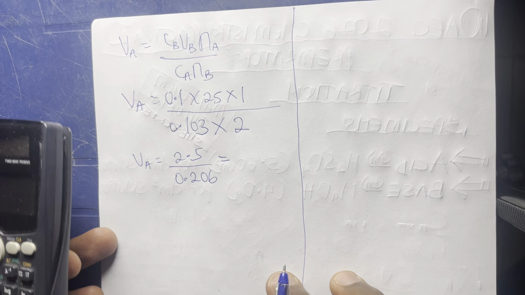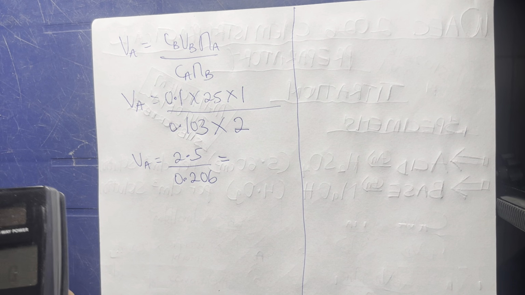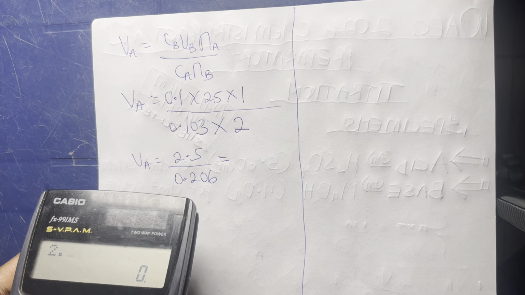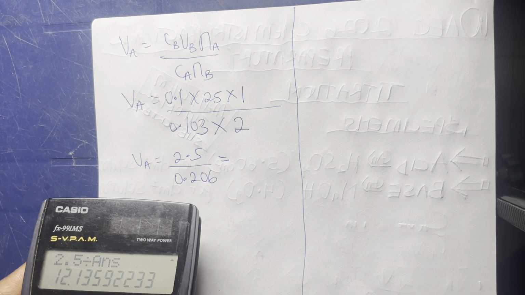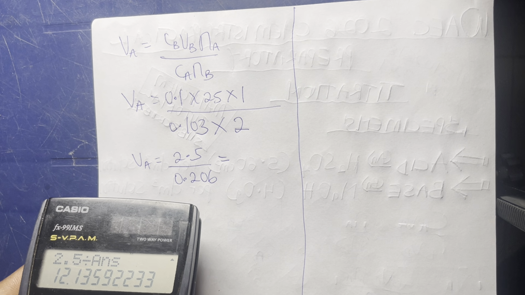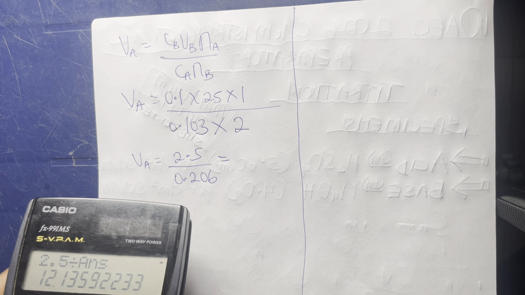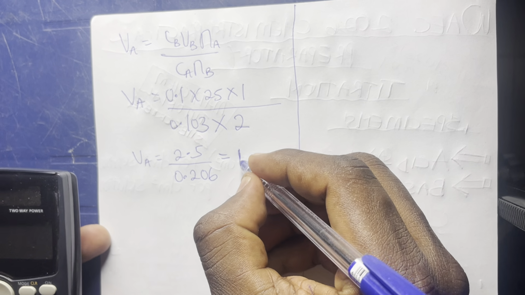By the time we divide both together, 2.5 divided by the answer we got earlier, that's going to be 12.135.